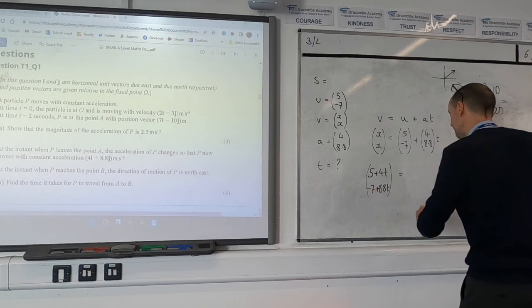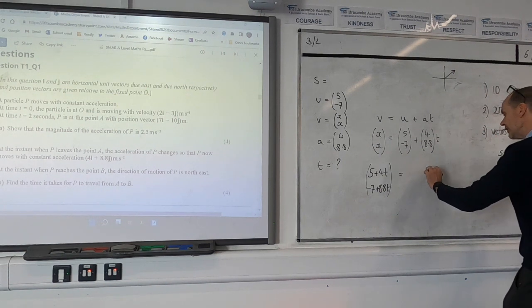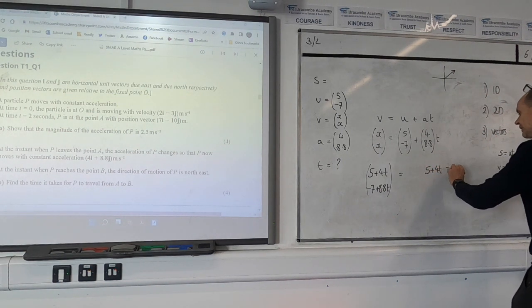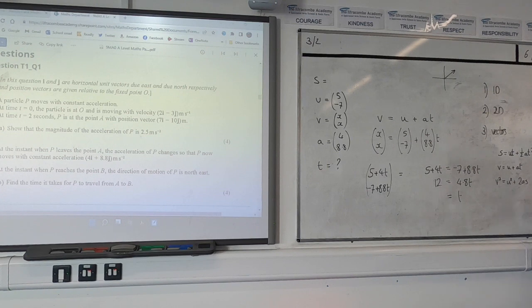But, as Pat pointed out, if it's travelling in that direction, those two components will be the same. And forgive me for rattling through this, but I can take away 4t from both sides, add 7 to both sides, and work out the value of t.